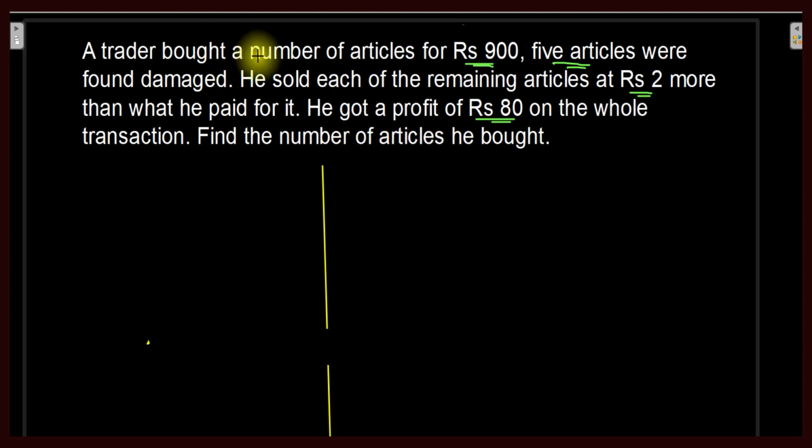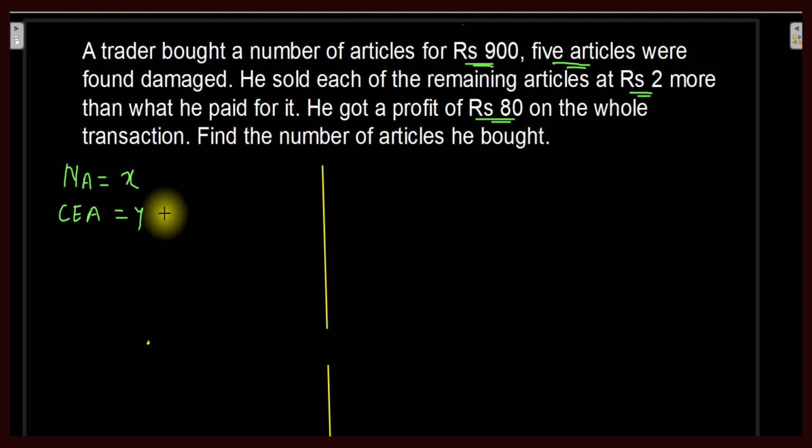Friends, a trader bought a number of articles for 900 rupees. Let the number of articles be X, and the cost of each article be Y, and he bought the total articles for rupees 900.